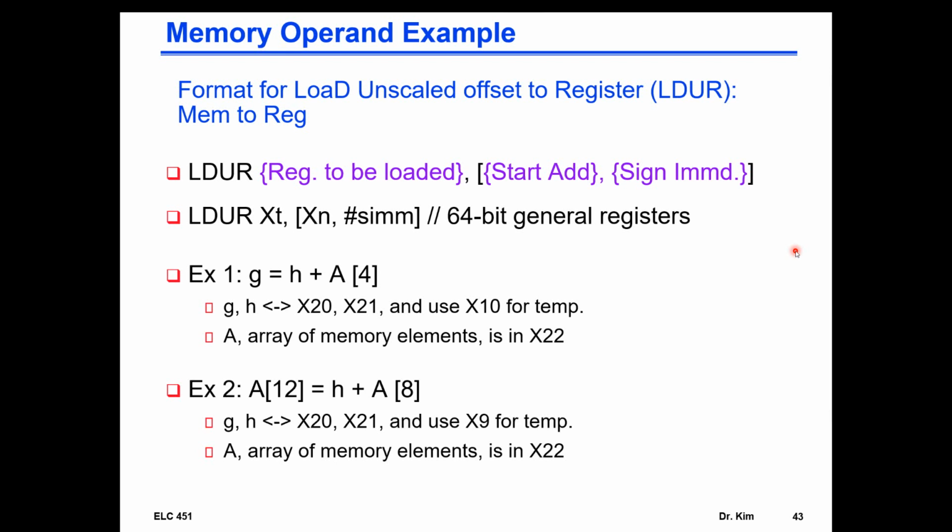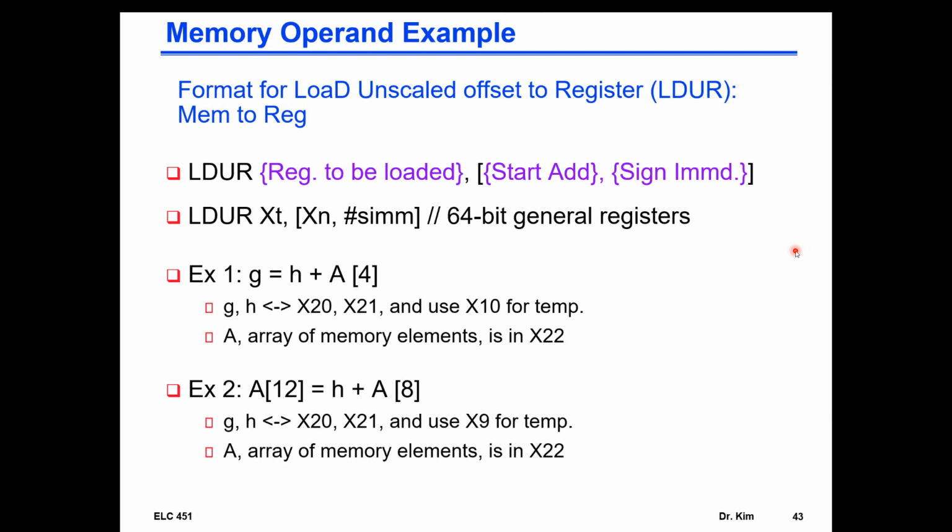So A is the address of the first element in the array, or A of 0, that would be the address. So that would be an example where we could use the LDUR instruction to bring in that array member.